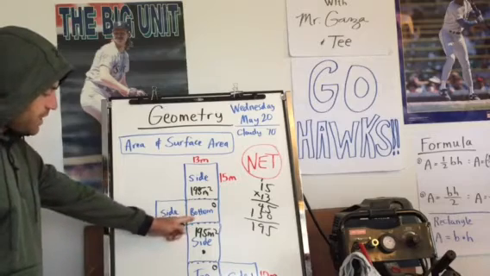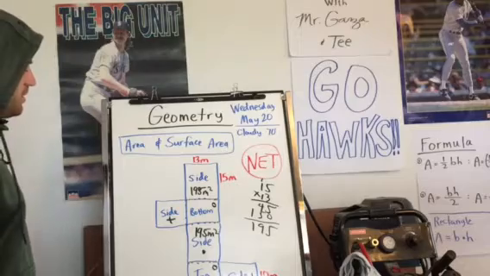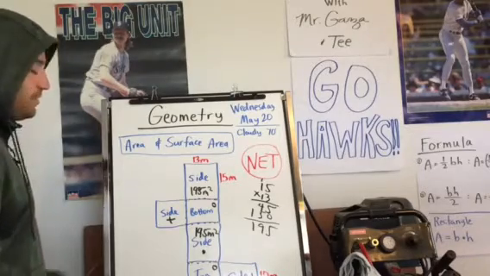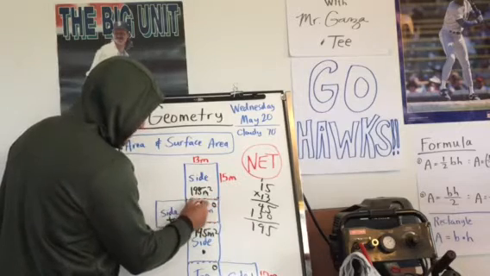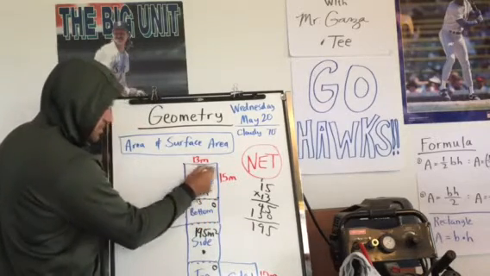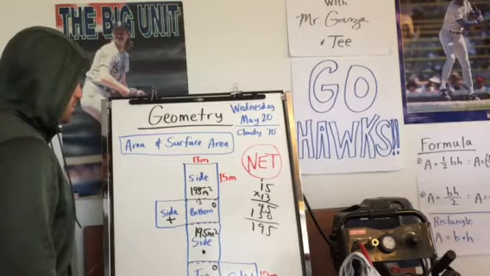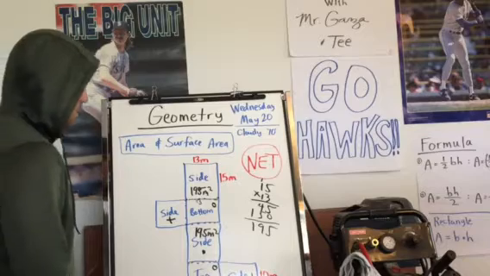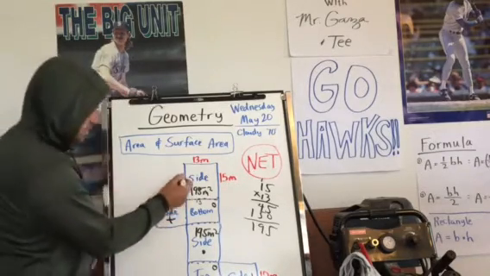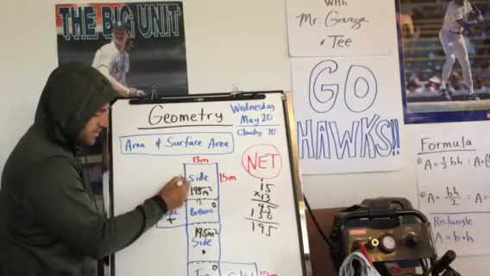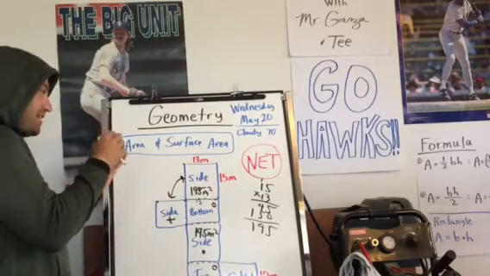Now we could look at another shape here, which is interesting. We got to figure out the bottom and the top, and we also got to figure out their sides, their lengths. I know that from here to here is going to be 13 because it's 13 from here to here. I also know that if I fold this up, these two sides are going to meet up and stand together.